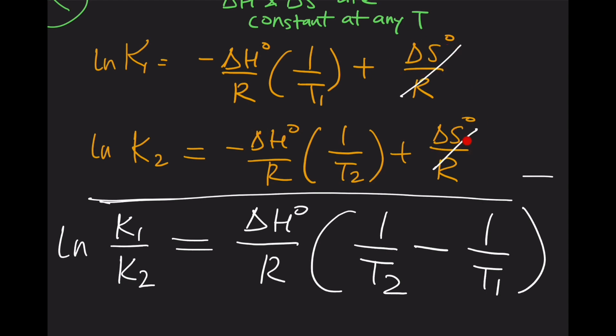Therefore, delta S over R minus delta S over R will be equal to 0. ln K1 minus ln K2 will be equal to ln K1 over K2, and this will be equal to delta H over R times 1 over T2 minus 1 over T1.